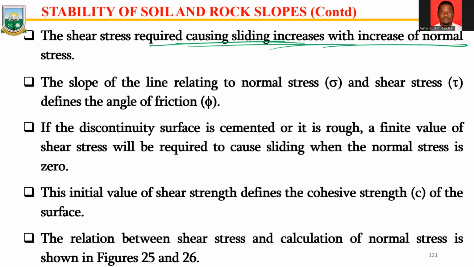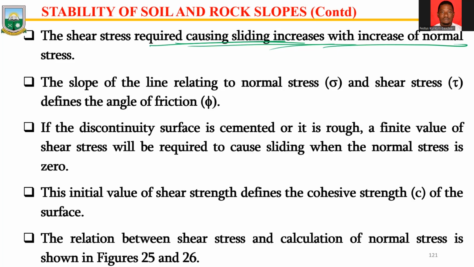So if there is that discontinuity within, we say that the shear strength must be high enough to resist these external applications or the deformation that is likely to occur.